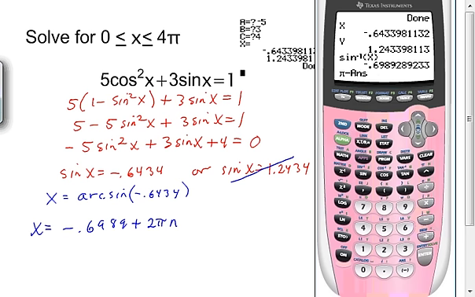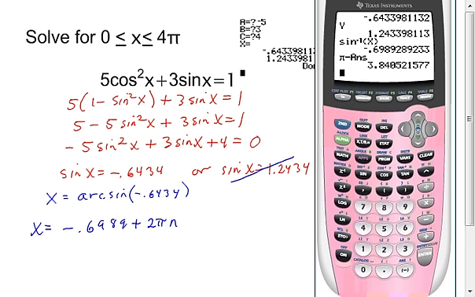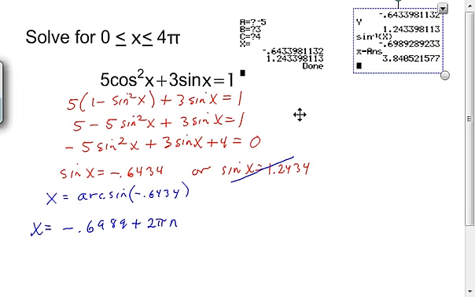My angle should be in the third and fourth quadrant. That 0.6989 is an angle in the fourth quadrant, and this angle, 3.8405, is in the third quadrant, right? That's bigger than pi. So that's my other one. I can't remember that, so I'm going to put that over here so I can look at it.